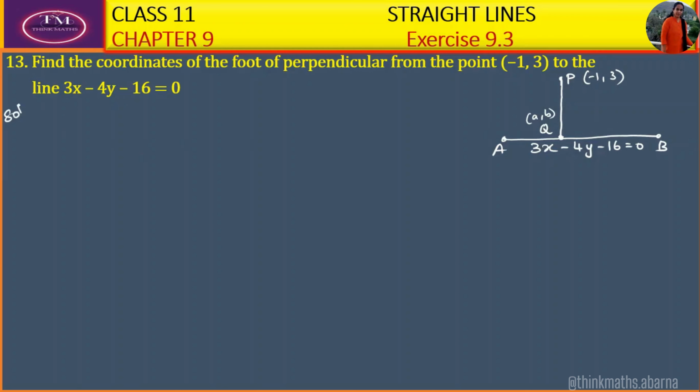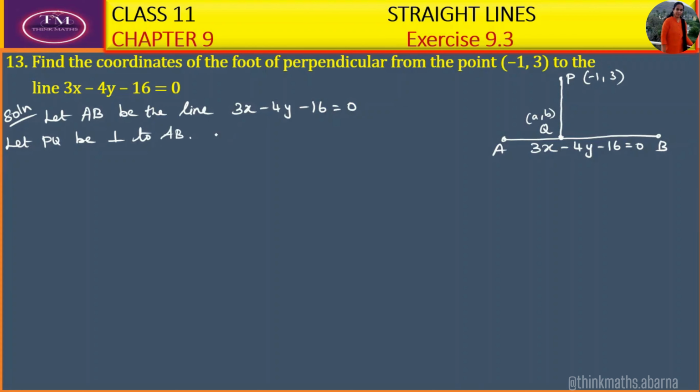Now let us start writing. So let AB be the line 3x minus 4y minus 16 equal to 0. So let PQ be perpendicular to AB. So therefore point P is minus 1 comma 3.